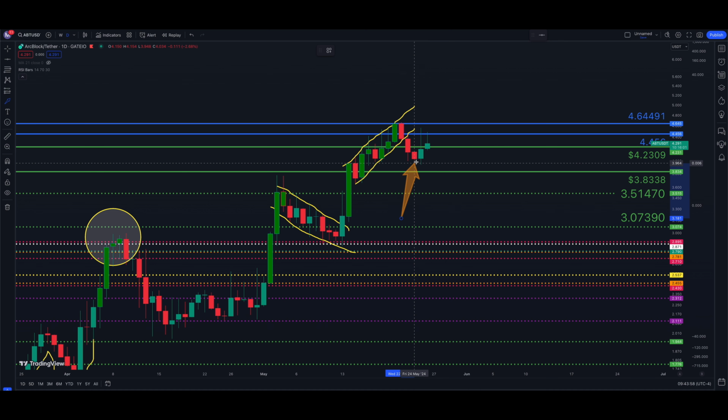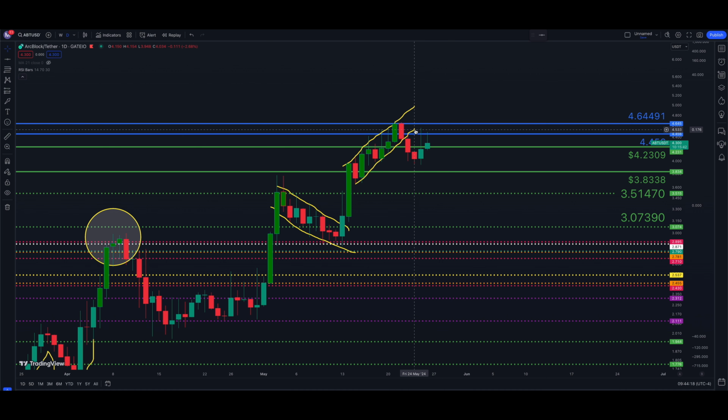Okay, so a lot of the times you'll see when markets break through this channel, through the lower channel line, like it did on the 23rd of May, you'll get a back test of that channel line, and it'll be a resistance, which took place actually yesterday, Saturday, the 25th of May.